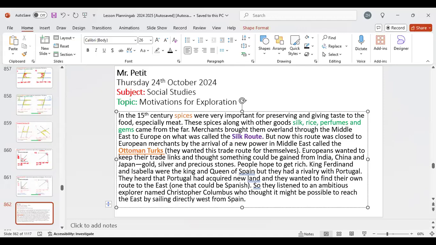But so the rivalry influenced them, making the exploration.